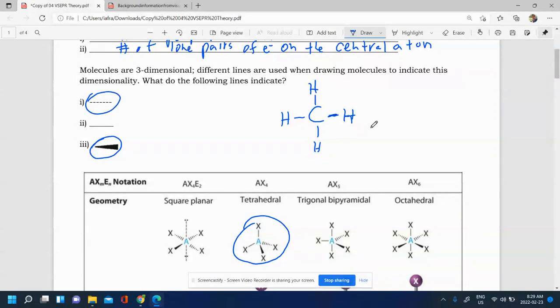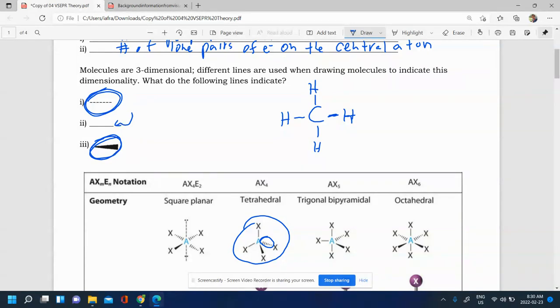If you're using a dashed line like this one, that represents a bond going away from you into the screen. But if you're using a wedged line, that represents a bond coming out of the screen towards you, almost like you're seeing a 3D movie. And then a plain line is something that's on the plane of the screen or the paper, or whatever you're drawing it onto.